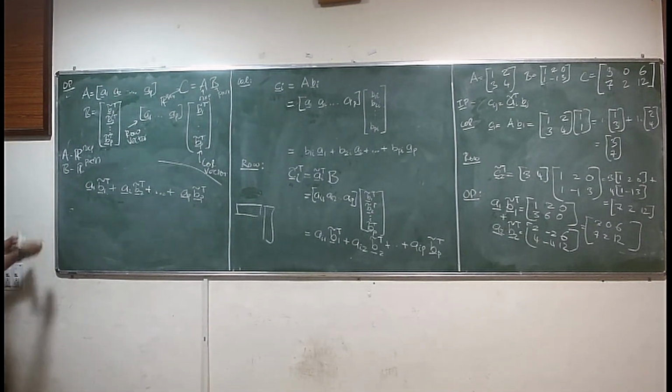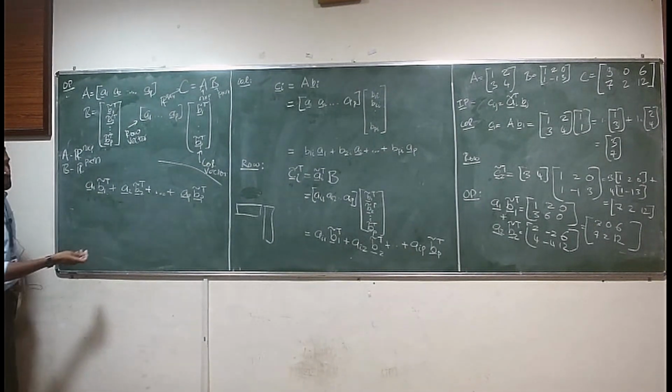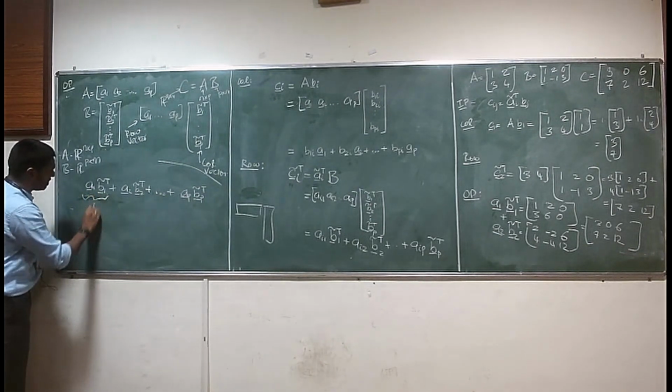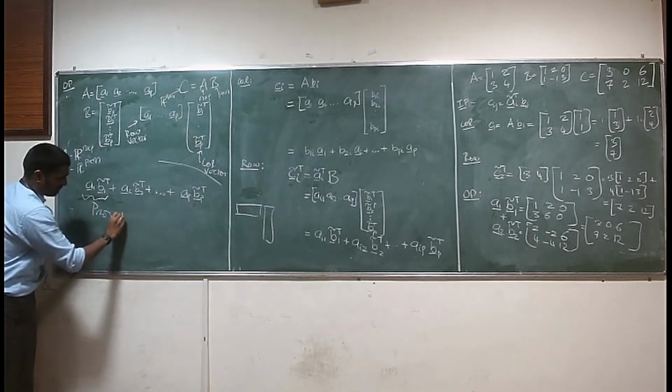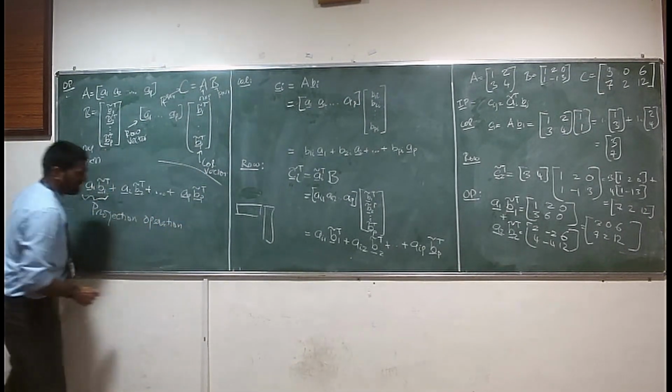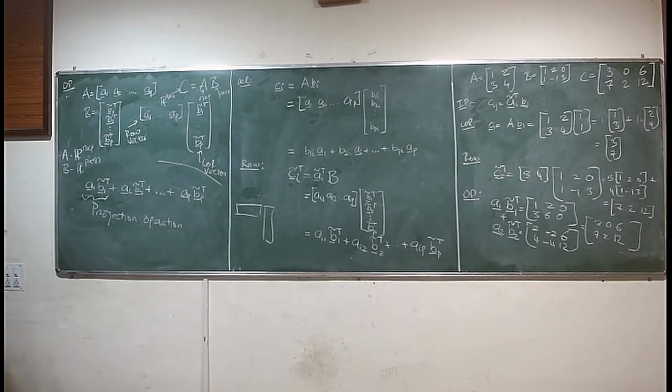The place where this becomes useful is that outer products play an important role in projection operations, where you take a vector and find its shadow on a subspace.